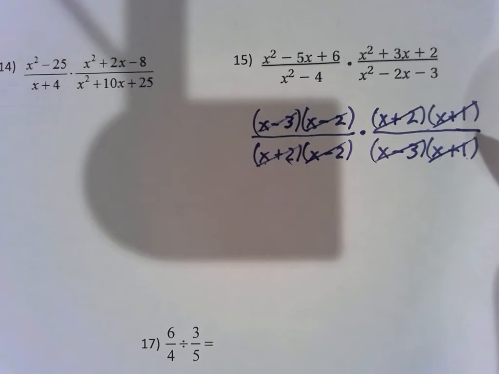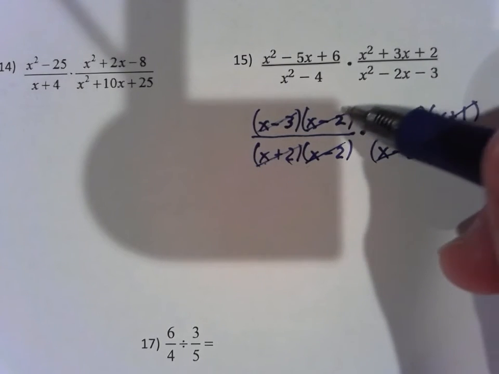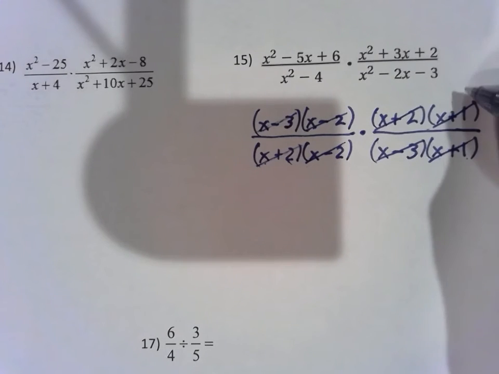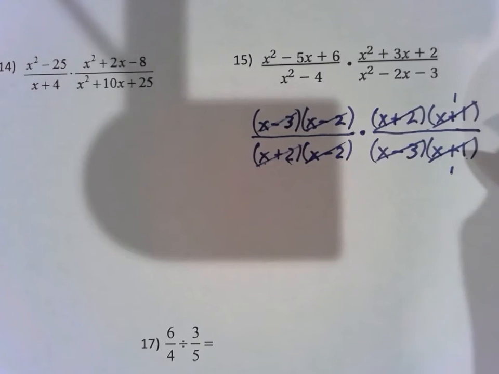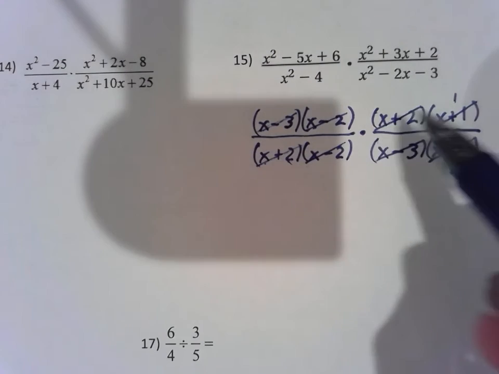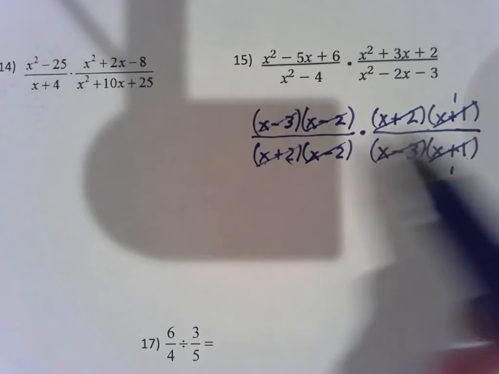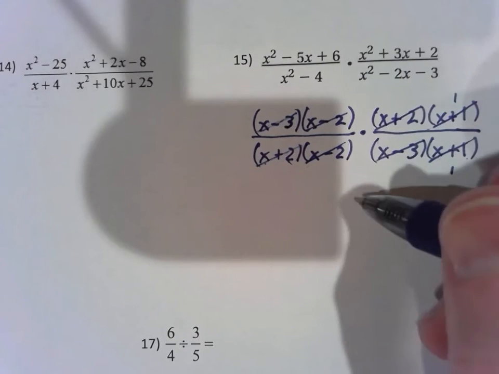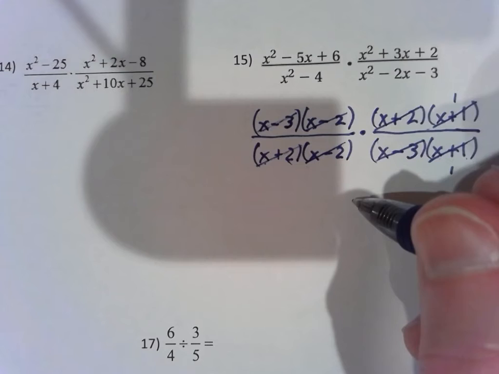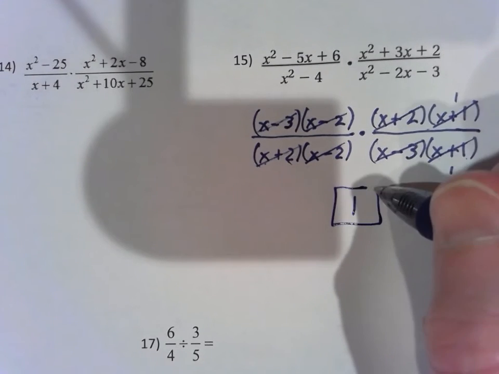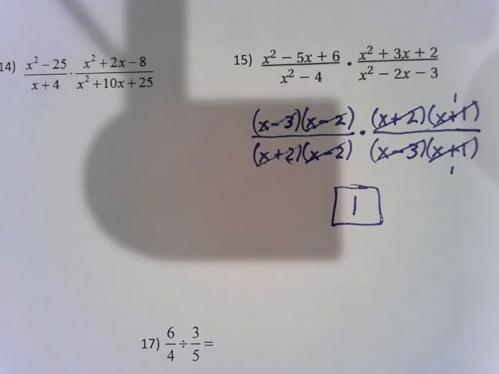Everything canceled out, but remember when you reduce something on top and on bottom, when you divide something by itself, it's 1 and 1. So it's really 1 times 1 times 1 times 1 on top and on bottom. And so we end up with 1 over 1. So the answer is 1. All the factors cancel each other.